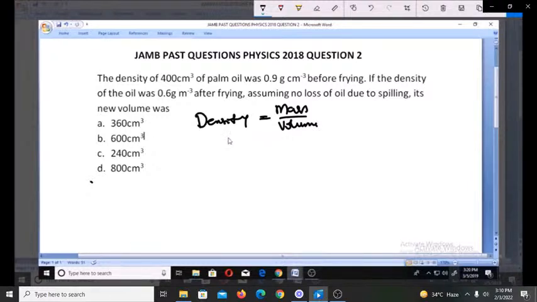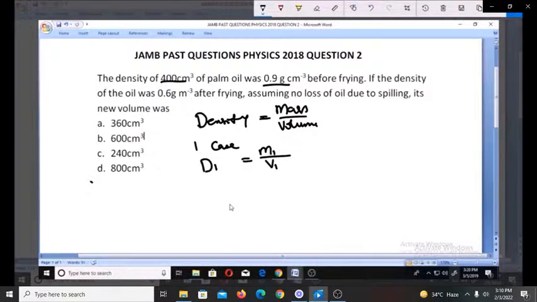Now, we were told that there is no loss of oil due to spillage. That means the mass remains constant. So for the first case, we have D1, which is the density here, equal to M1, which is the mass, all over V1, which is the volume.